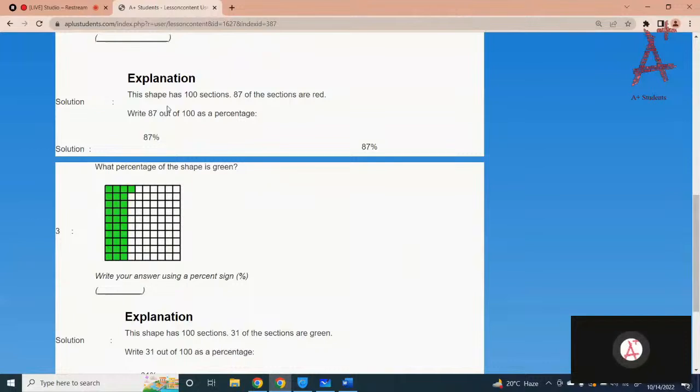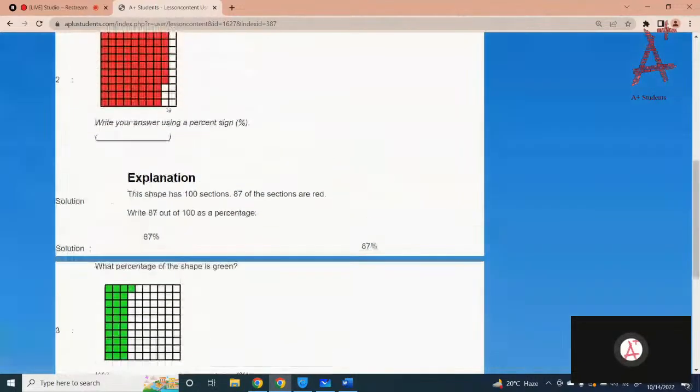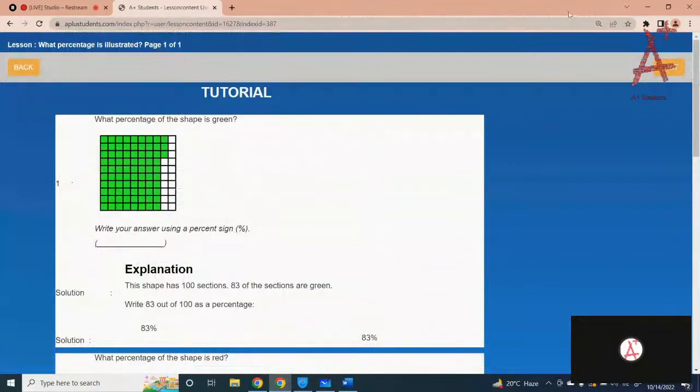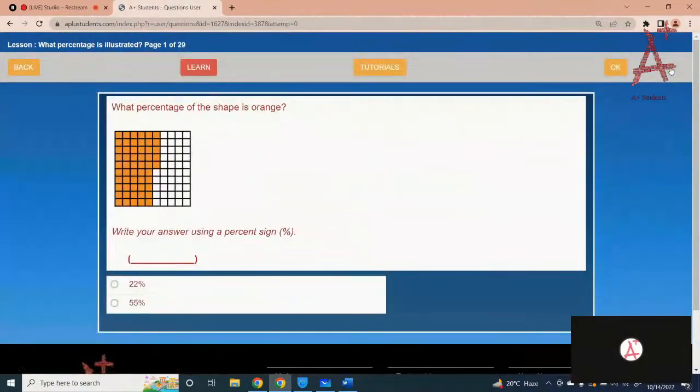On the top right corner, we have a test button. Let's just start with the test. Okay, what percentage of the shape is orange?